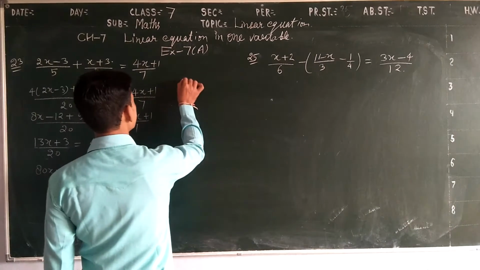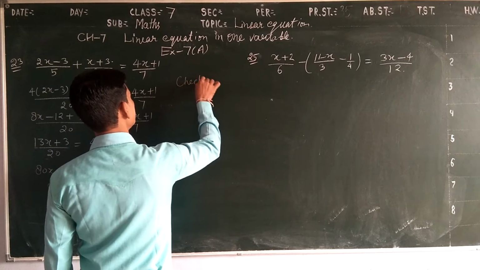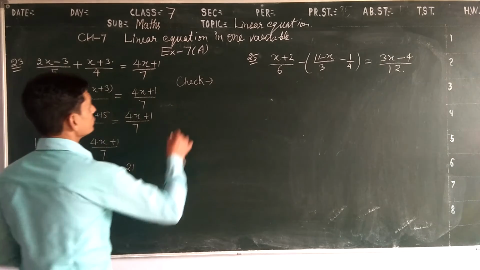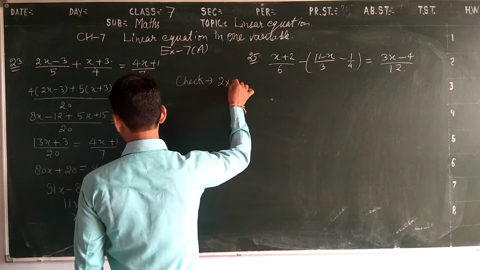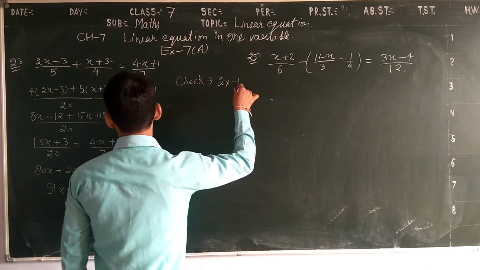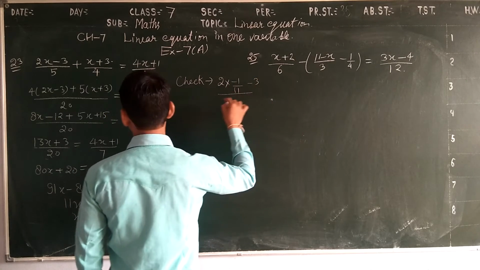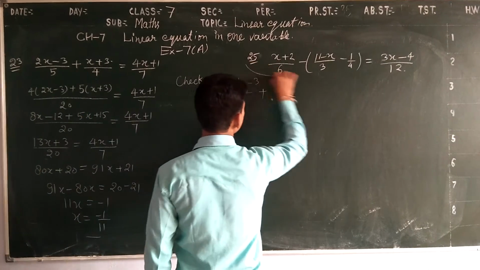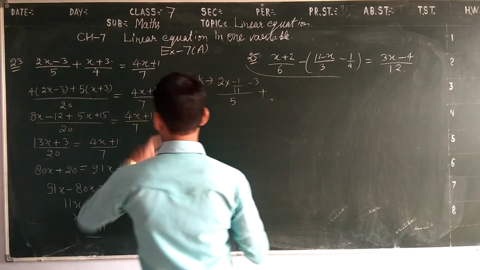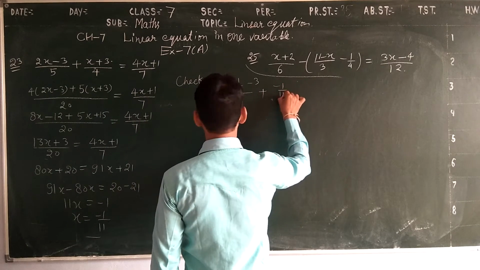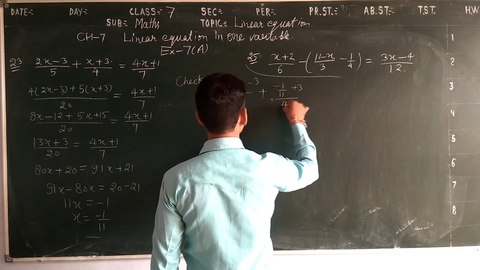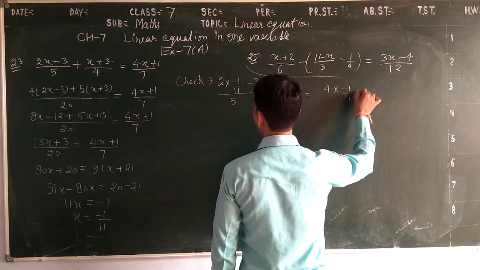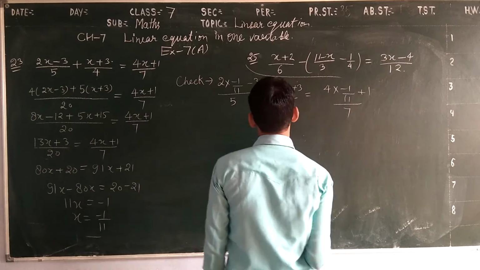So after this, check. Put this value here. So 2 multiply minus 1 upon 11 and minus 3 as it is, divided by 5, plus x means minus 1 upon 11 plus 3 upon 4 equals 4 multiply minus 1 upon 11 plus 1 upon 7.